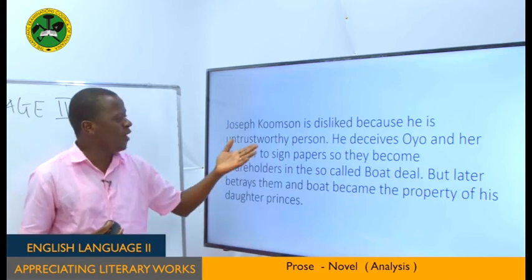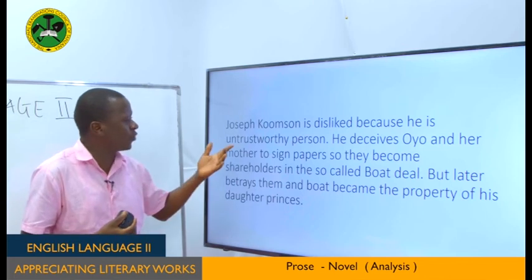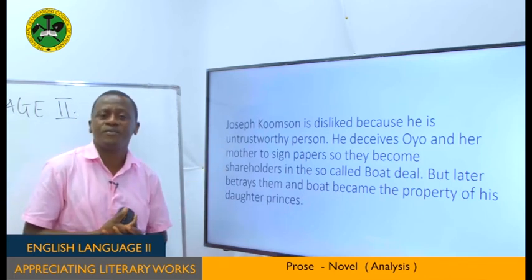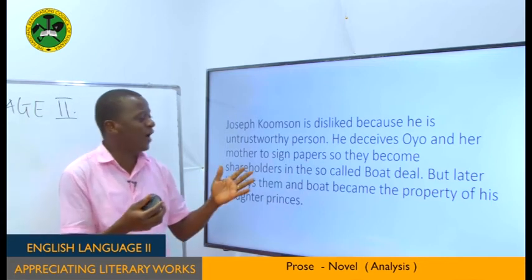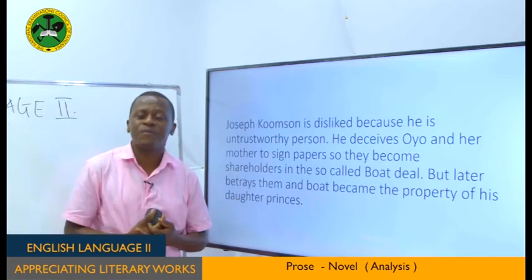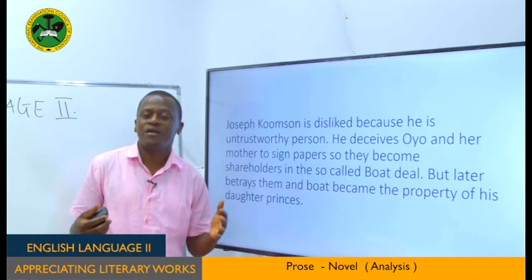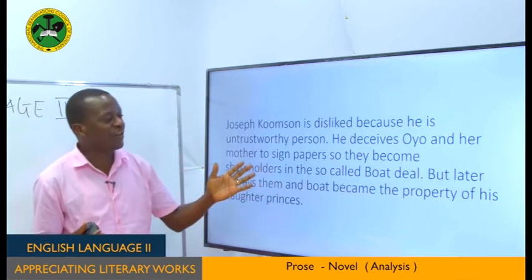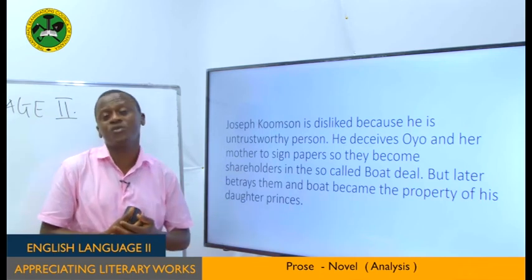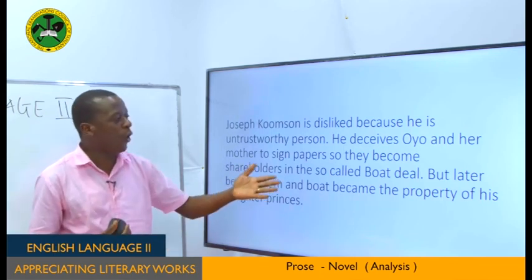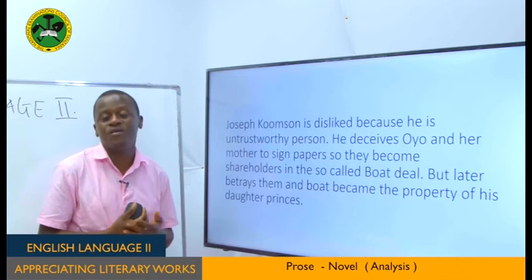Now, with that behavior, a person who is untrustworthy should be avoided, because he goes against an agreement. You agree to perform a certain duty, but later on that person betrays you. This is what happened to Oyo and his mother. They were betrayed.